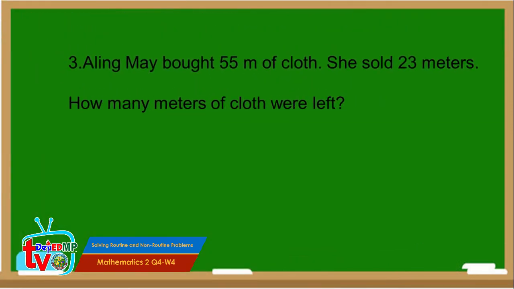And then number 3, look at the boxed phrase. Sold 23 meters. That is the clue word. And then the number sentence, 55 minus 23 equals n.